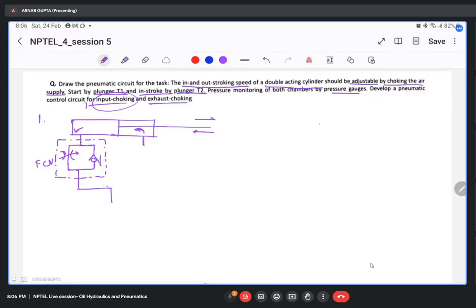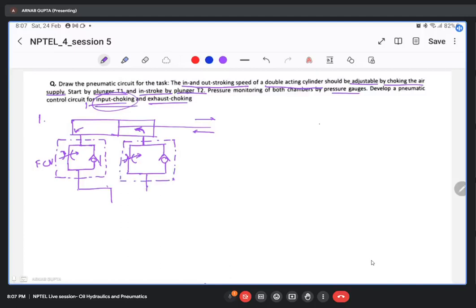But as the air is flowing in, it should be choked. So for that, we have one flow control valve and one NRV that restricts the flow inside the cylinder but doesn't restrict the flow out of the cylinder. So this is your input choking all done for this particular cylinder.